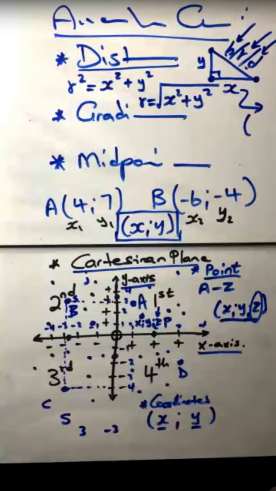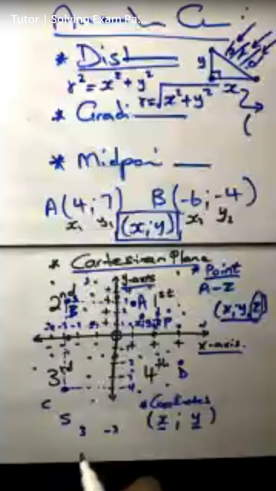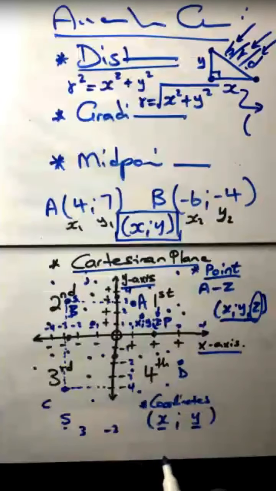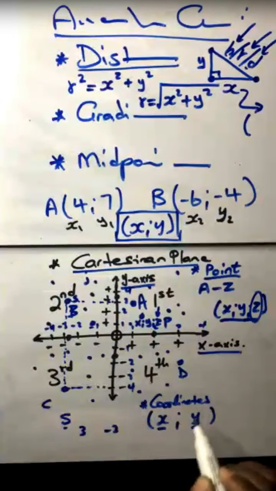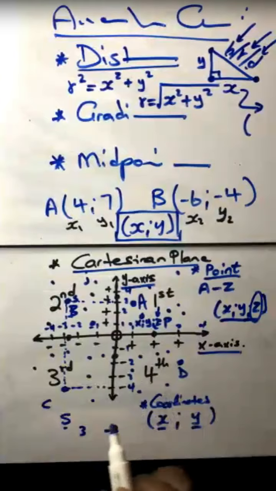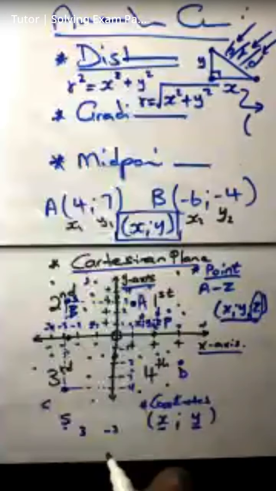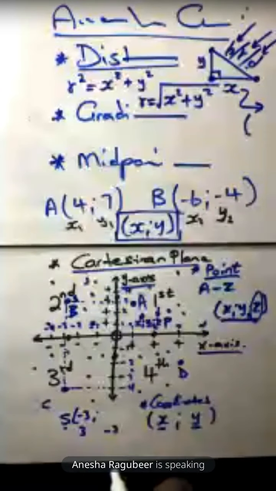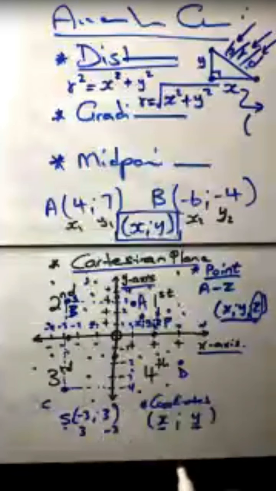Which one is x? Which one is y? So +3 is y and -3 is x. So how do I represent the coordinates of point S in this form? Tell me what to write. It will be -3 as your x value first, and then positive 3 as your y value.